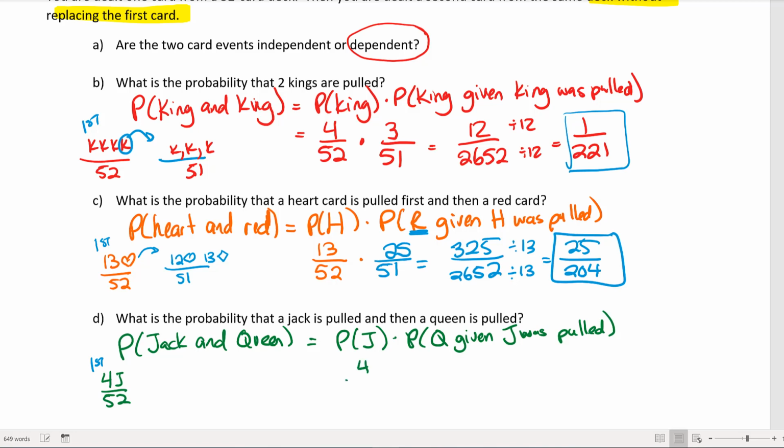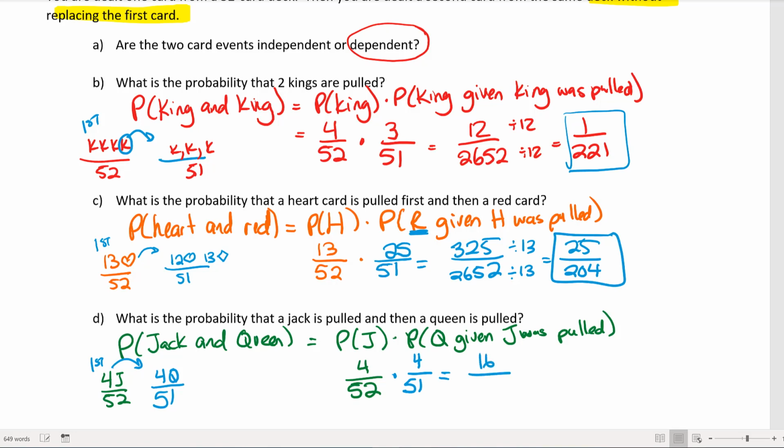So 4 out of 52. Now, once you take out one of those jacks, my new question is how many queens do I have? Well, if I took a jack out, that doesn't actually change how many queens there are. There's still 4 queens left in there. But how many total cards do we have left? Only 51 now. So although the numerator didn't change this time, the denominator still changes because we don't have 52 cards, we only have 51.